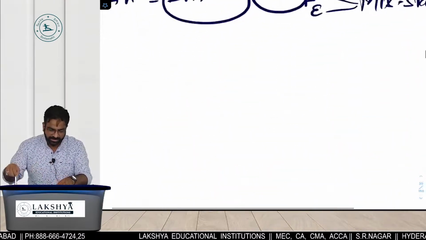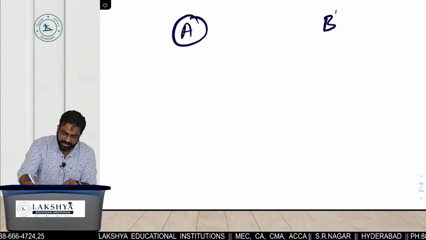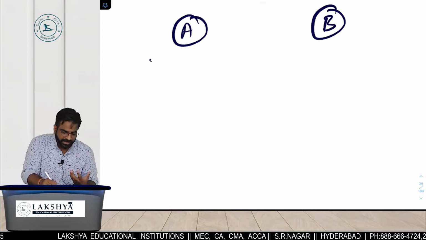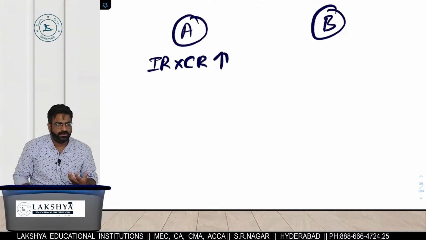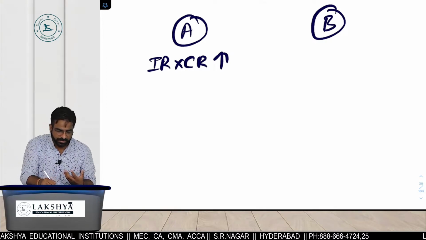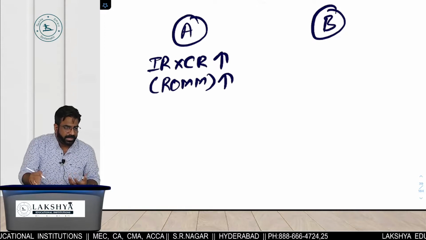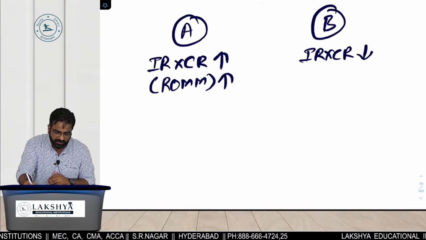अब सुनना ध्यान से. मैं एक क्लाइंट A के पास गया और एक क्लाइंट B के पास गया. When I saw my client A, his IR into CR was very high. What do you mean by that? Can I say that ROMM is very high? And on the other side, his IR into CR were very less.